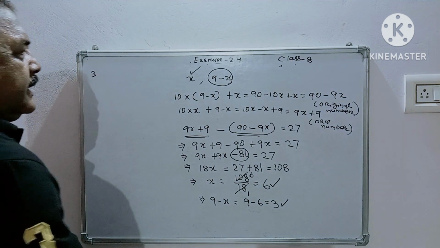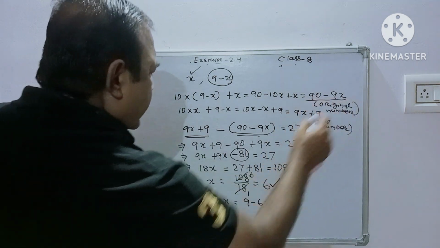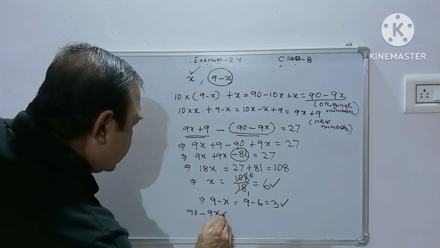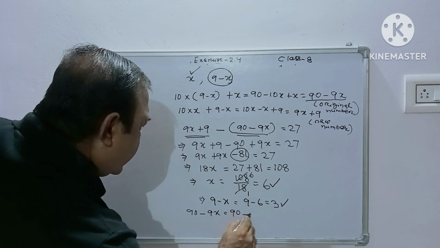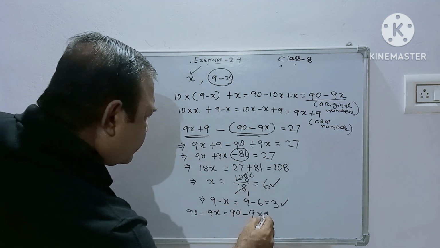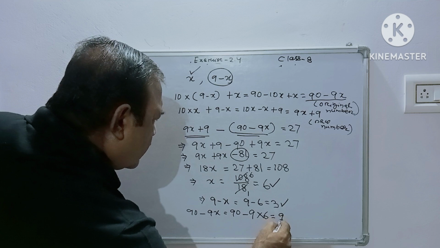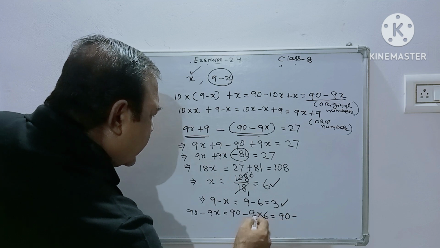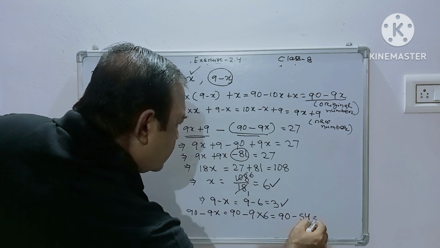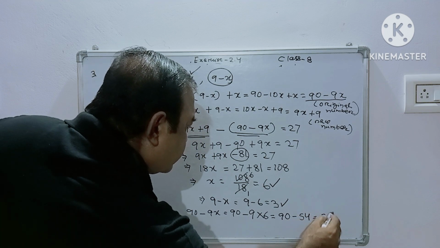And if the original number is 90 minus 9x, that is equal to 90 minus 9 into 6, that is 90 minus 54, which is equal to 36.